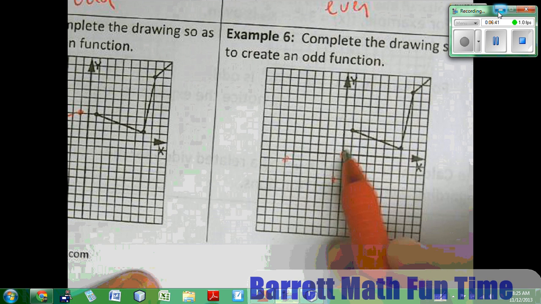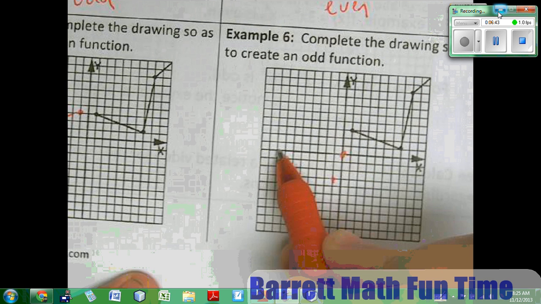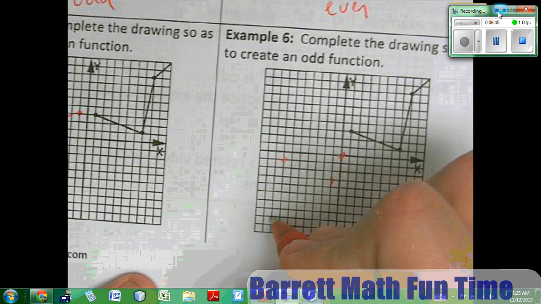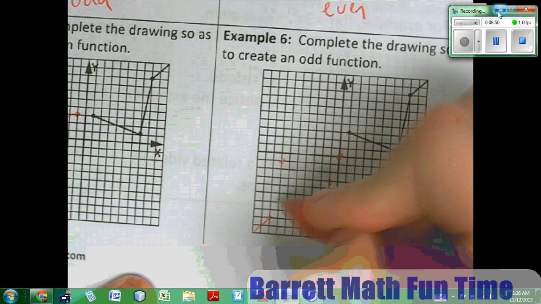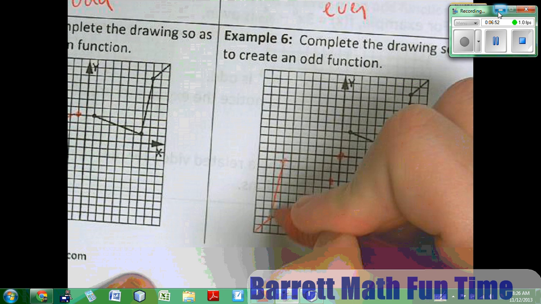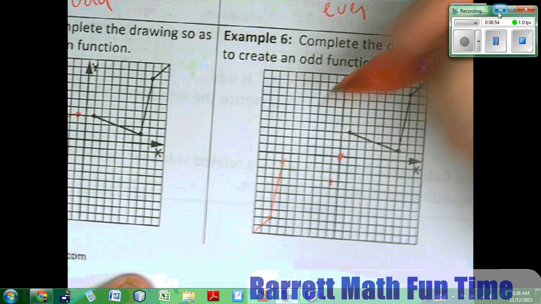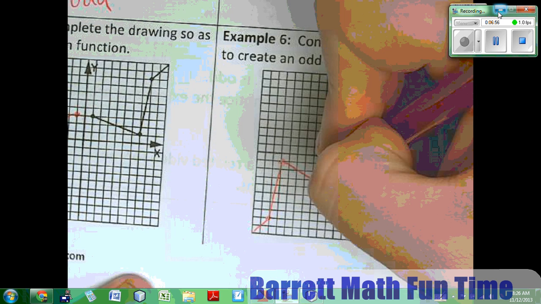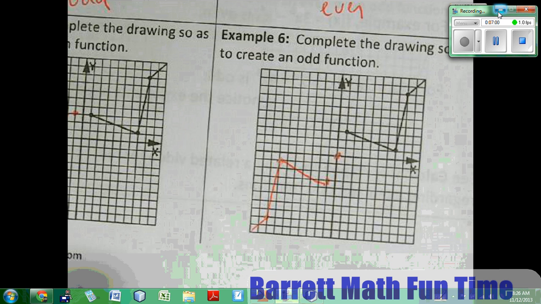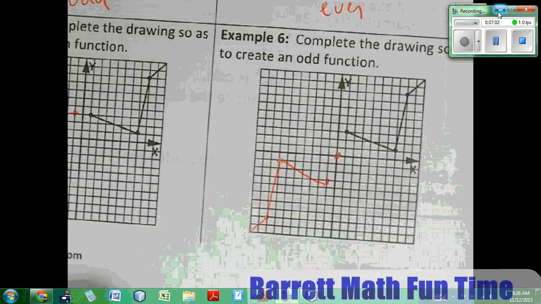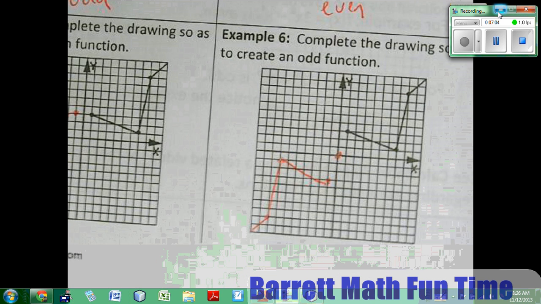From the origin, we'll go negative 8 on the x, negative 8 on the y. Then connect my points. Well, that was a little off, but you get the idea. That's easy, right? Are we okay? Yeah. Okay, let's talk about it algebraically.